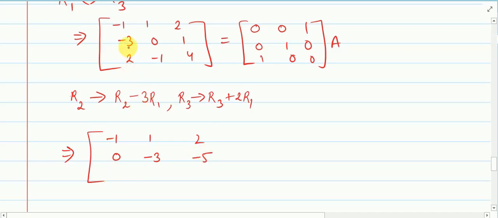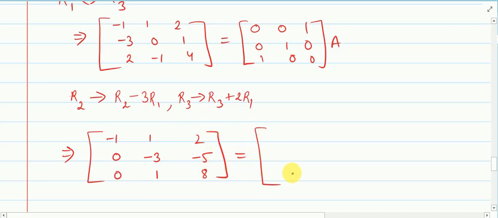And here we have to multiply by 2 and then add to this, so this will become 0, and here minus 1 plus 2 will be 1, and 4 plus 4 it will be 8.